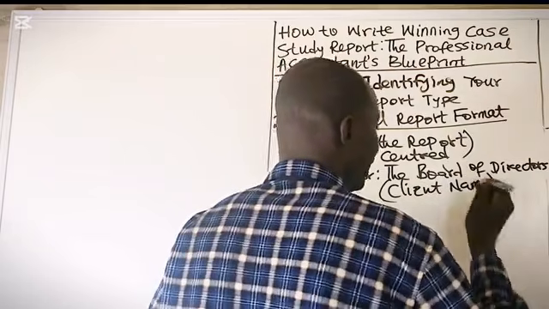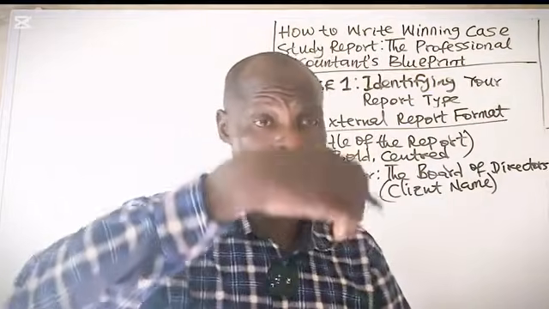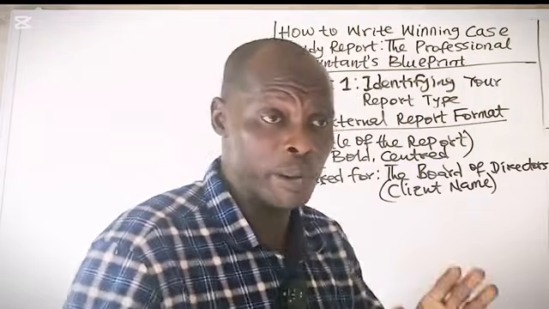You put the name of the client: the board of directors of this firm, of this company. So that is what you are going to put under Prepared for.